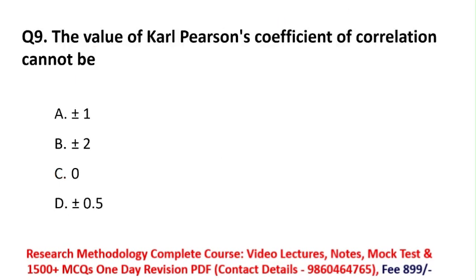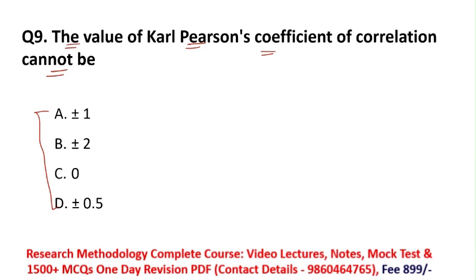Next, the value of Karl Pearson's coefficient of correlation cannot be. What they are asking in this question is which of the following options cannot be a Karl Pearson coefficient value. We have to tell which value cannot be a Karl Pearson's coefficient value.